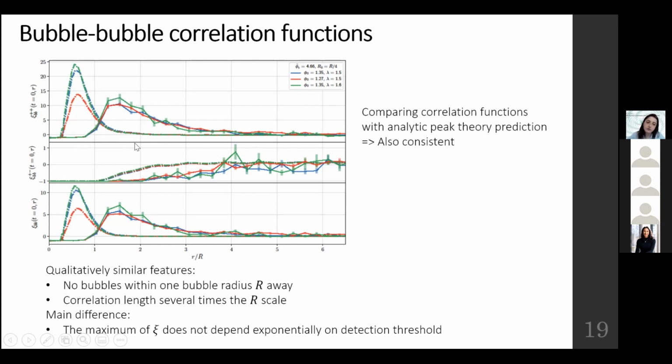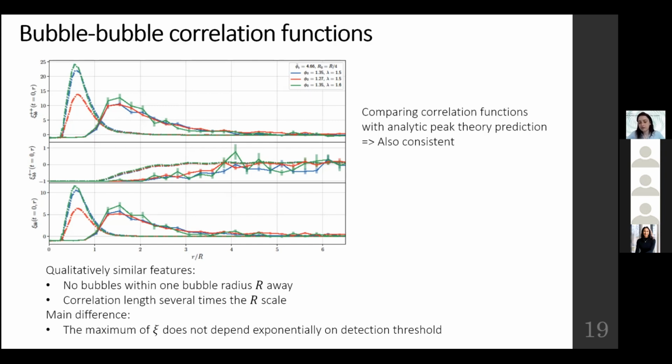The peak in both cases is of order a few times this characteristic scale, and then we have the decay. While for the peak correlation function there is a great sensitivity to the detection threshold, for bubbles this is not the case.